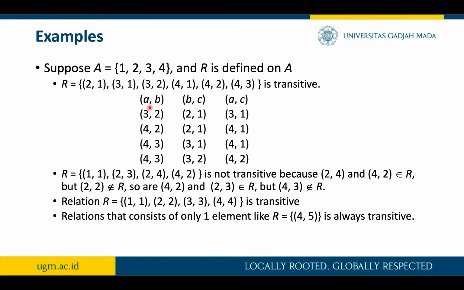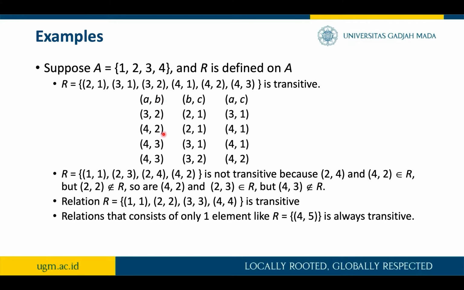There's nothing like that. But for (3,2), we have the second relation here, (2,1). So the transitive pair will be (3,1), and (3,1) is also here.